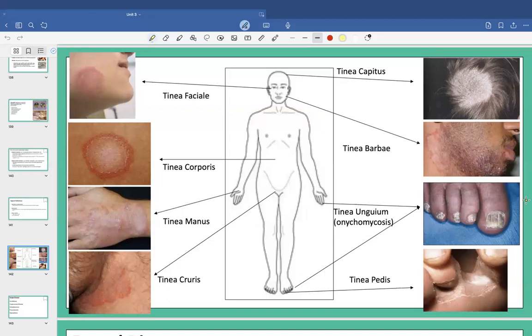When you're thinking about your differential and you're looking at all of these, what are some of the things that might come up in your differential? Dermatitis. Contact dermatitis, yeah. What else? Eczema. Psoriasis.